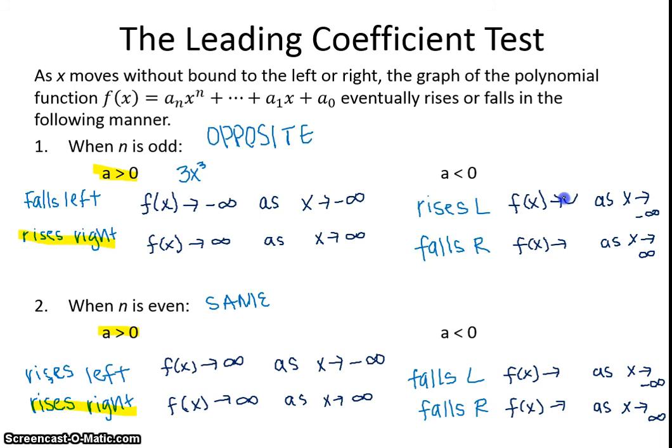If I rise, I go to infinity. If I fall, I go to negative infinity. Fall is negative, fall is negative. Just like these were both fall, these are both going to negative infinity. For all of them, you have x going to the left and x going to the right. So they should all have as x goes to negative infinity and as x goes to positive infinity.